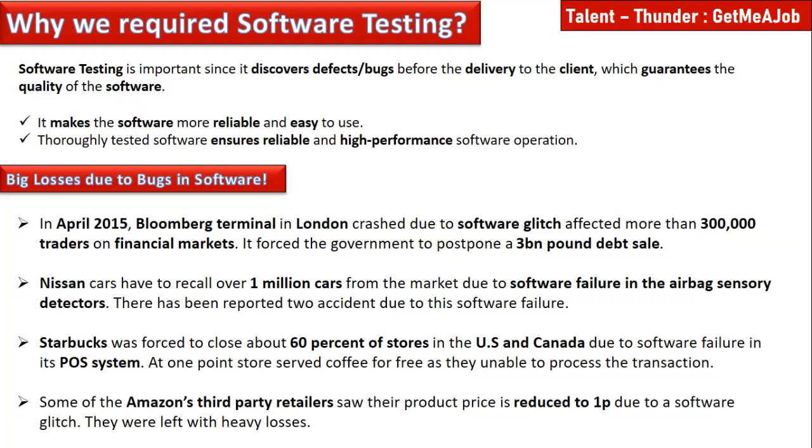So they rolled back all the changes. They asked all the showrooms to send the cars back to the manufacturer, and they would make some changes in their software to make it work.